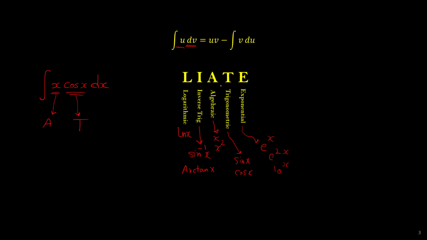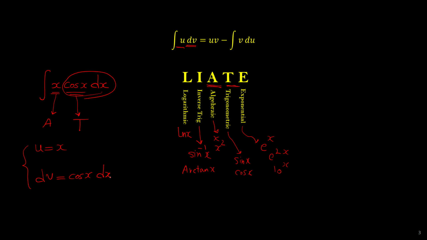As you can see, A appears before T. So we choose u, the algebraic part, x, and the other part of this integral will be dv. So we choose dv to be cosine of x times dx. Don't forget, always when you choose dv, dx will be the part of dv.